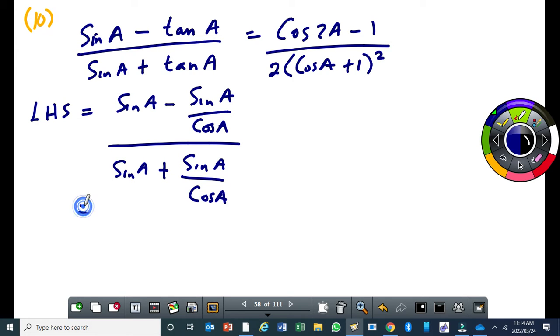Right? Then this will give us sine A times cos A because the LCD is cos A. The LCD is cos A. Right?